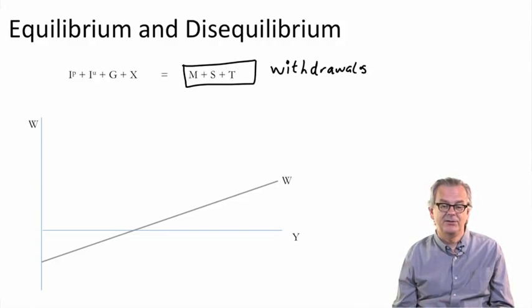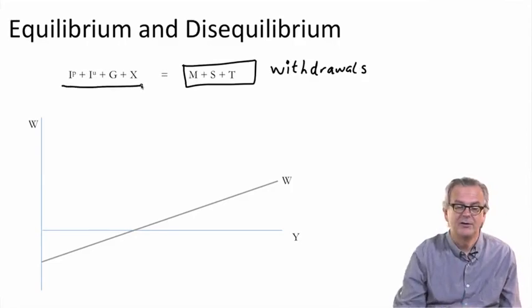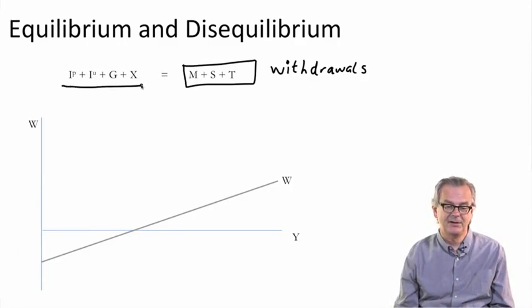What we've established is that at any point in time, the economy's withdrawals are going to have to correspond, simply through the logic of how we measure gross domestic product, to the economy's total investment plus government spending plus exports.